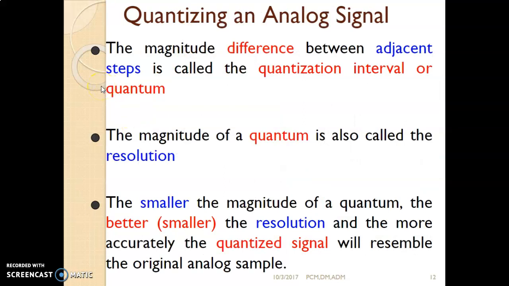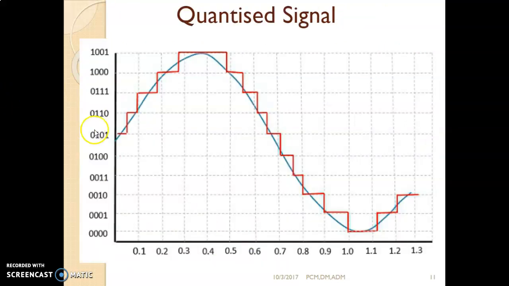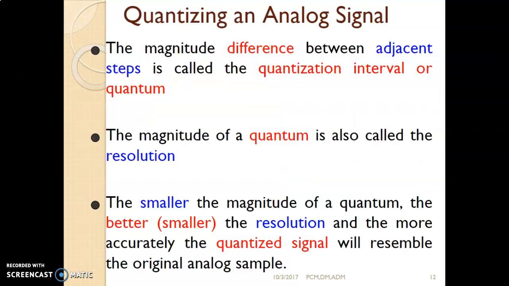When you are quantizing the signal, the original signal and the quantized signal will always have some difference. You can see here, this signal has some voltage here, but it is quantized to this particular code. So the original signal and the quantized signal will always have a magnitude difference between them.